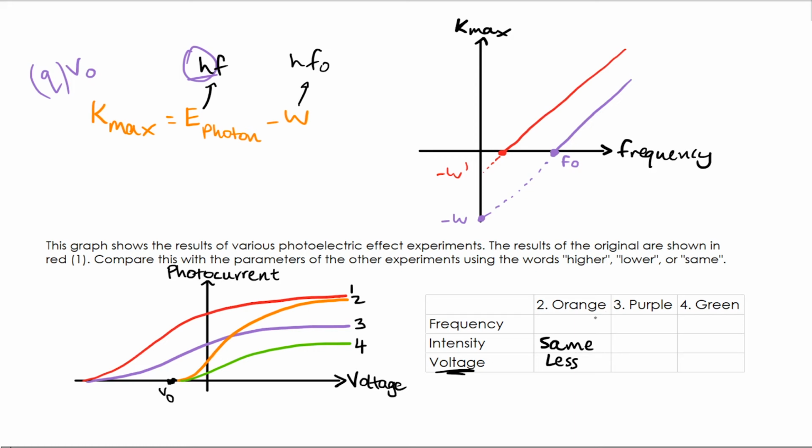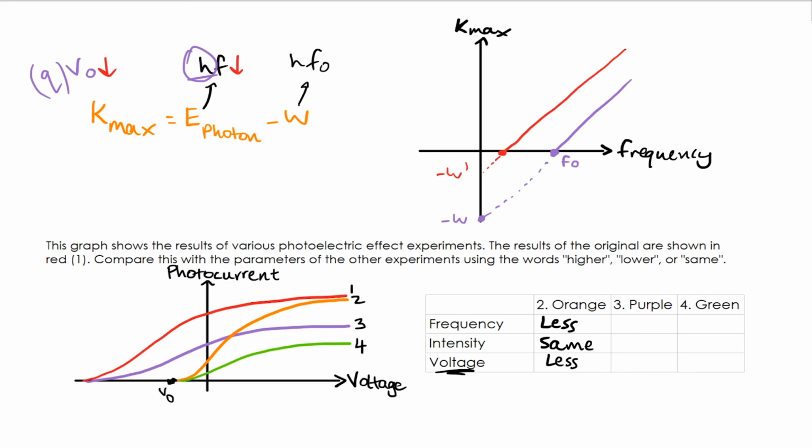If our stopping voltage is less, that must mean that our frequency is also less. And we can demonstrate that by coming back to our equation. If we're lowering our frequency over here, that means we must be lowering the voltage that we need to stop the flow of electrons. Now let's look at our purple graph.